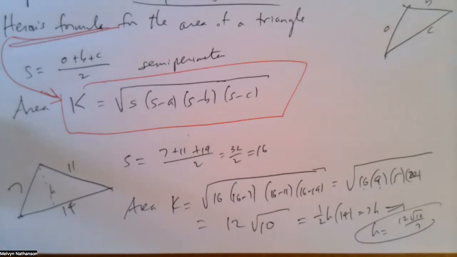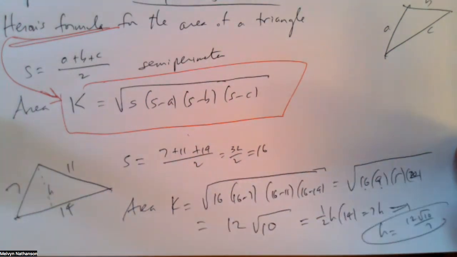Okay, any questions about this? So you do have to know Heron's formula, right? If I give you a triangle and ask you to find the area, and you're not given the height, you're only given the 3 sides, then Heron's formula gives you the area.